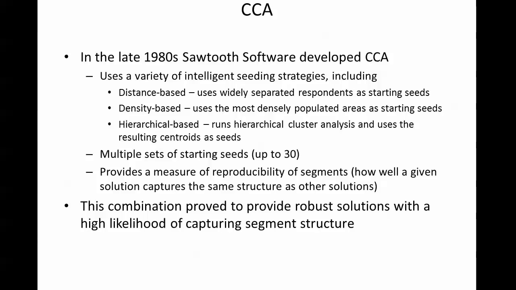This reproducibility measure is a measure of the robustness of a given segmentation solution. It tells us how well the solution is capturing the same structure that other solutions are capturing. So it tells us if a given solution is an outlier or if it has a lot in common with other solutions. And obviously the latter is what we're really wanting here. We're wanting a solution that captures real structure, not outlier structure.